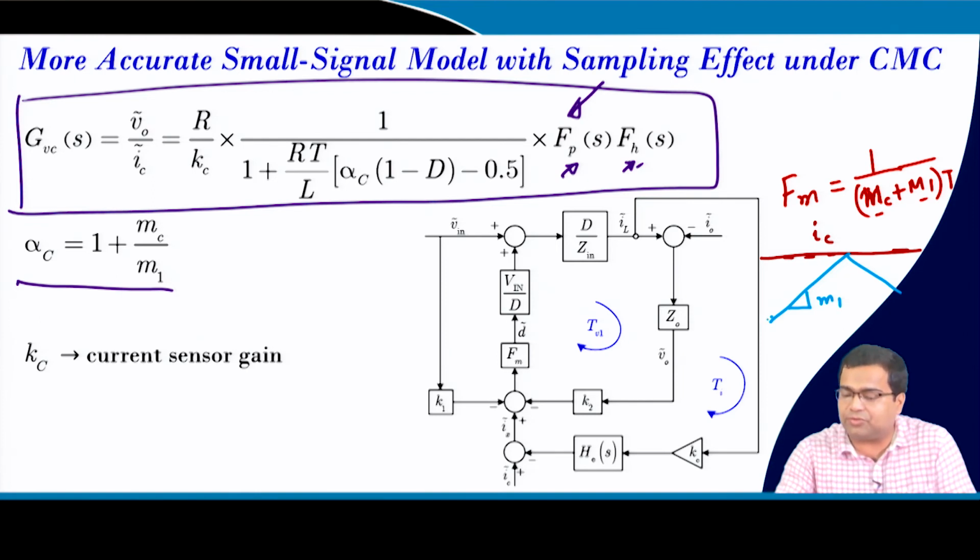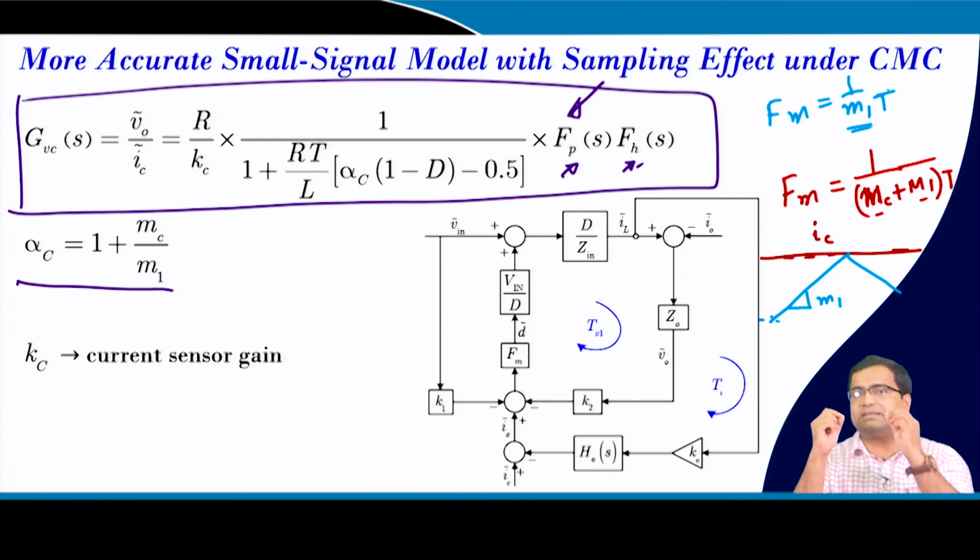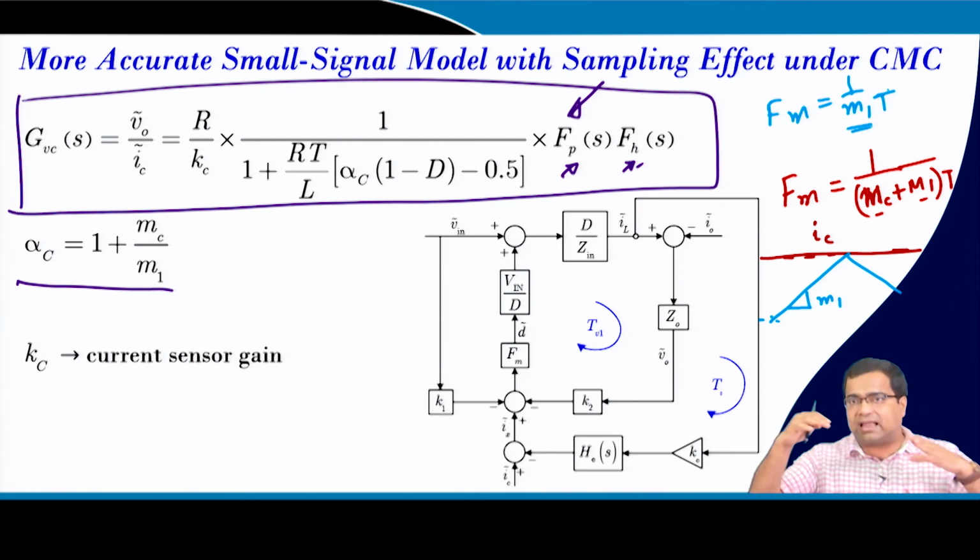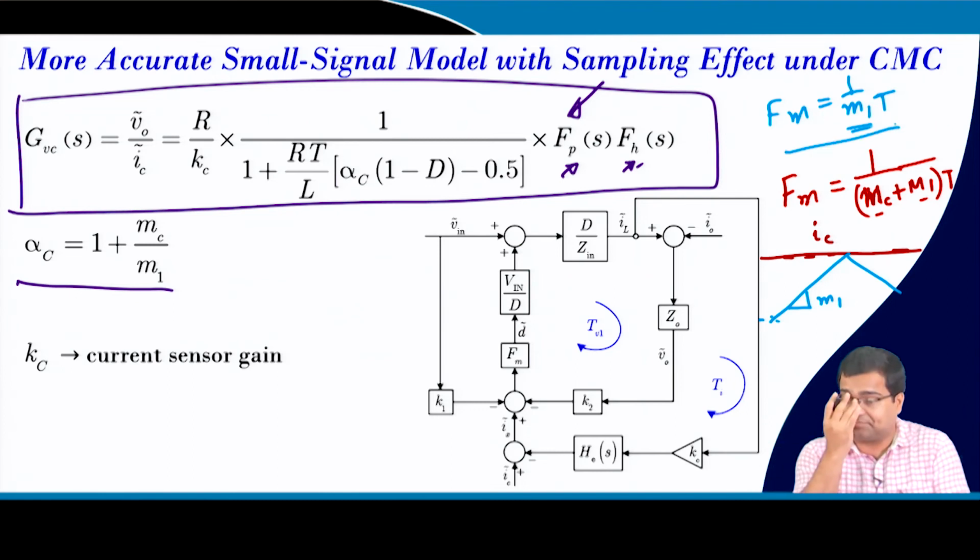So, we just take this slope, 1 by Mc into T is my modulator gain in voltage mode control. So, here the analogy is that if there is no ramp compensation in this method, Fm is simply 1 by M1T. That means as if it is like voltage mode control, the ramp is replaced by the inductor current. So, the slope of the inductor current will act like the slope of the ramp, which is logically consistent.